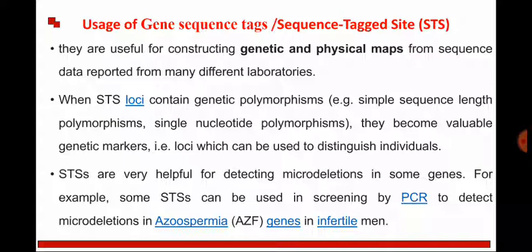Here the third important use of these sequences is screening by polymerase chain reaction to detect microdeletions in the azoospermia genes, which cause infertility in men. This is an important use of these sequence tags in bioinformatics. Here is the end of the sequences which are used in bioinformatics.